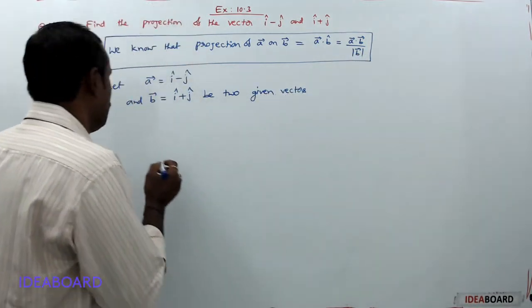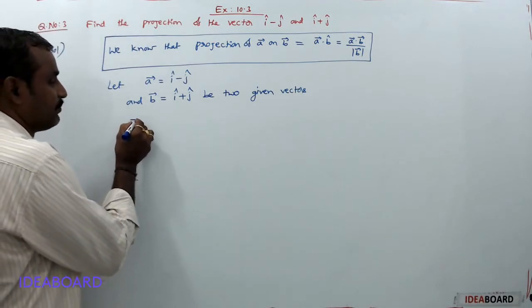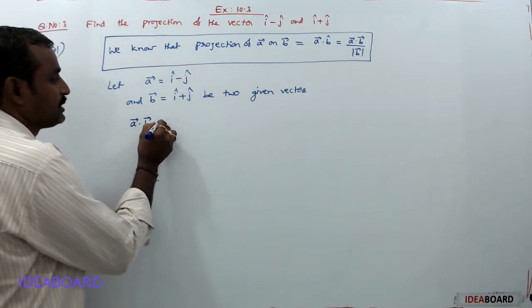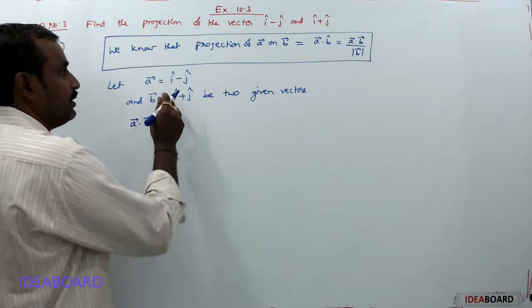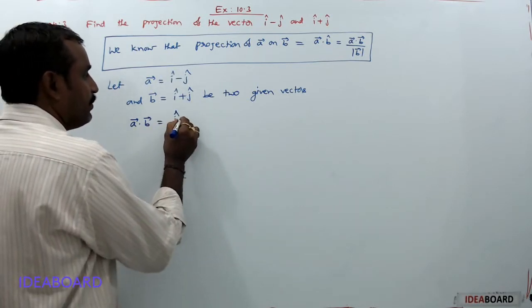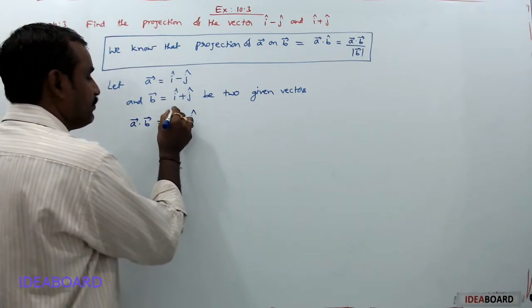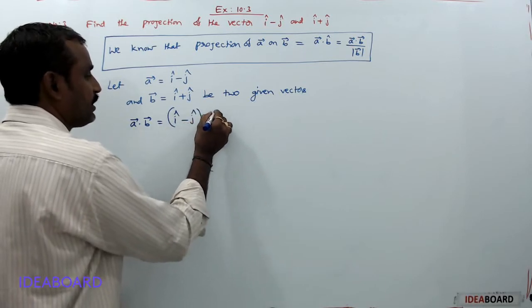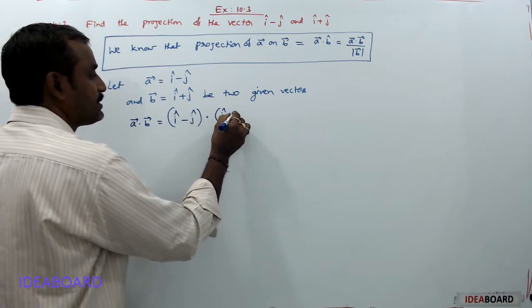So now we can calculate a bar dot b bar. A bar dot b bar is equal to i cap minus j cap dot product with i cap plus j cap.